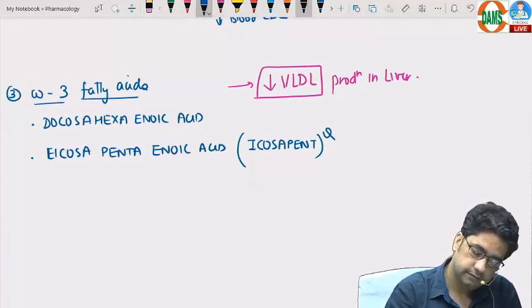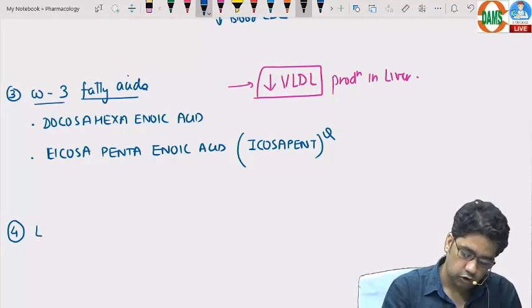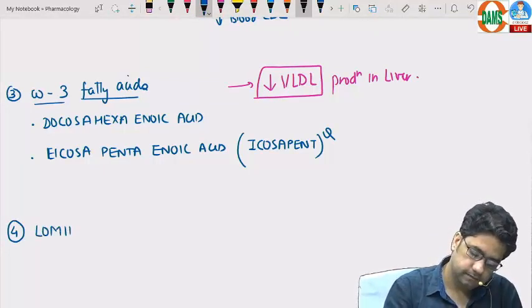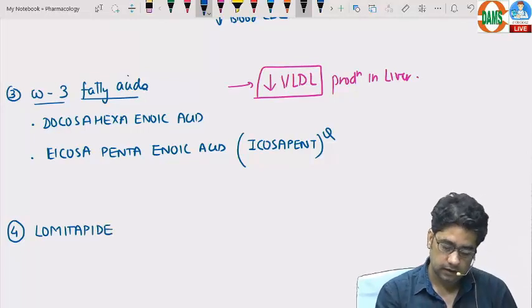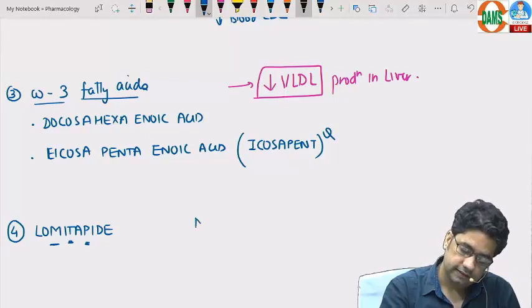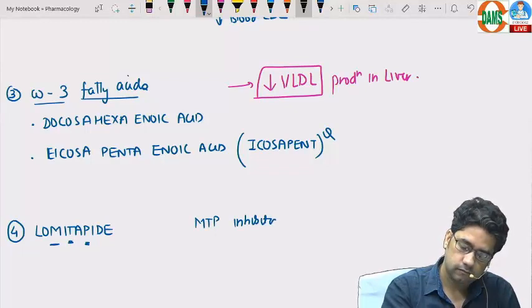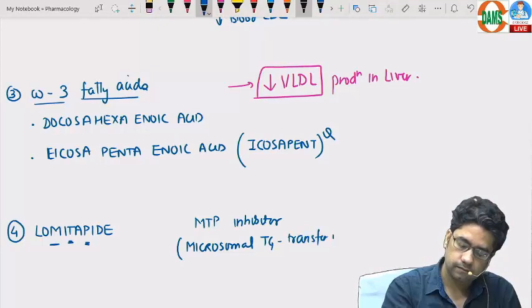Next drug, lomitapide. You can see the MTP word coming. It is an MTP inhibitor. MTP stands for microsomal triglyceride transfer protein.